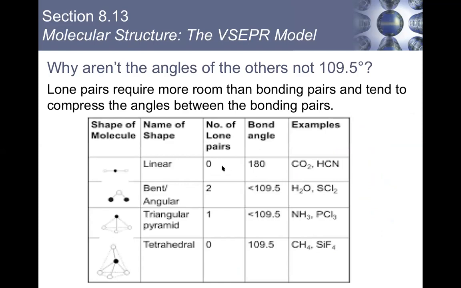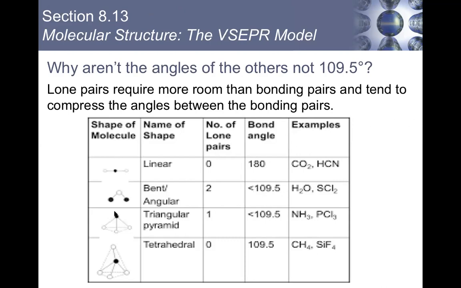Okay. So quick review here. Linear shape, 180-degree bond angle, no lone pairs, and so you end up with these 2 domains. If it has 2 lone pairs up top, then you end up with less than 109.5.